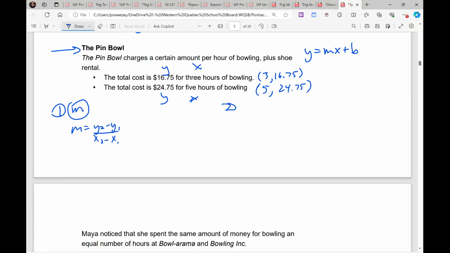And then step 2 would be to find B. In that case, I'm going to use the M that I found, whatever answer I get, to find B. So I would combine 3 and 16.75 as an X and a Y, and combine that with the M that I solved for in the previous part. And then I would have the rule of that guy there.